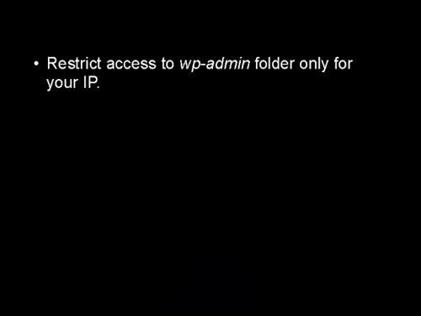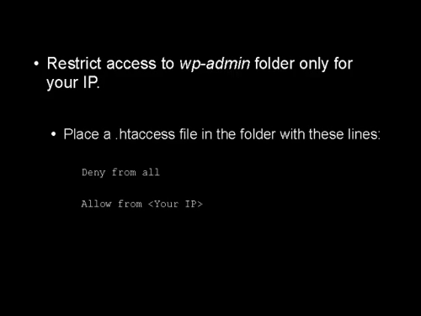Another thing you should do is restrict access to the wp-admin folder to only your IP address. And you can easily do this by placing a .htaccess file in the wp-admin folder containing these lines.